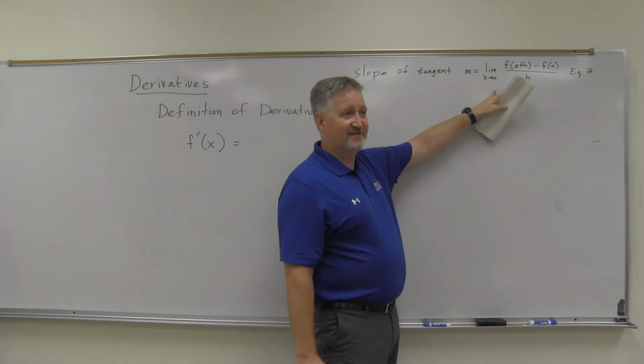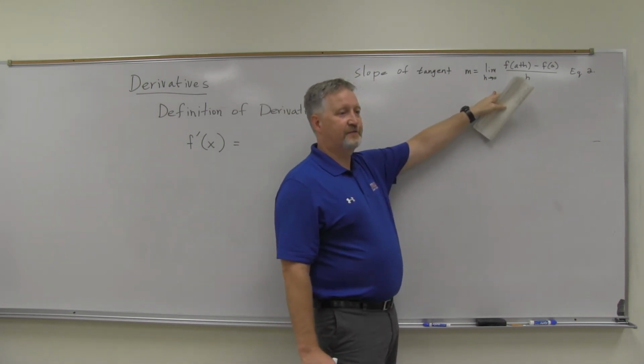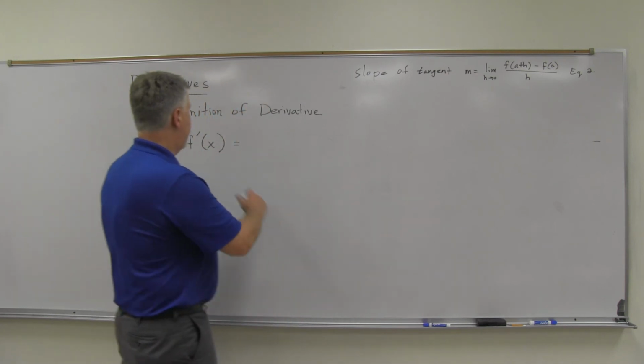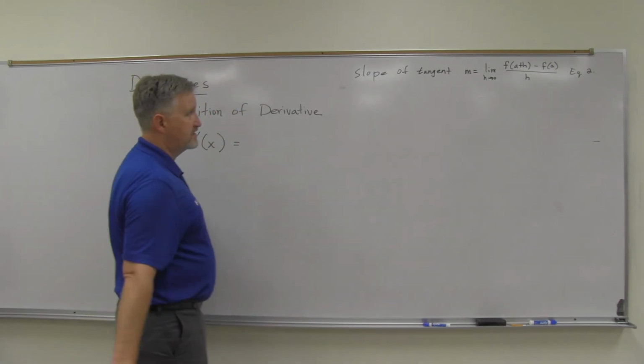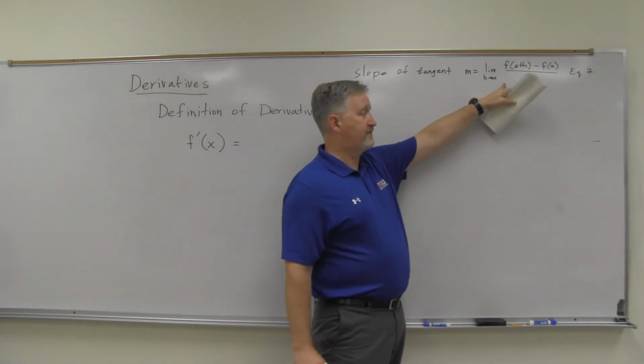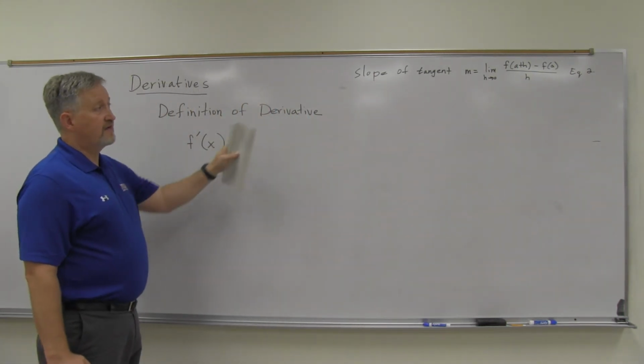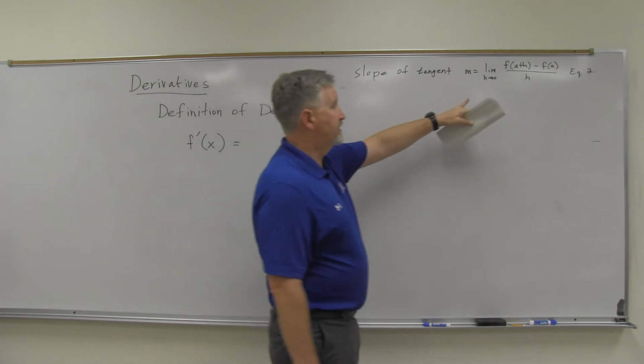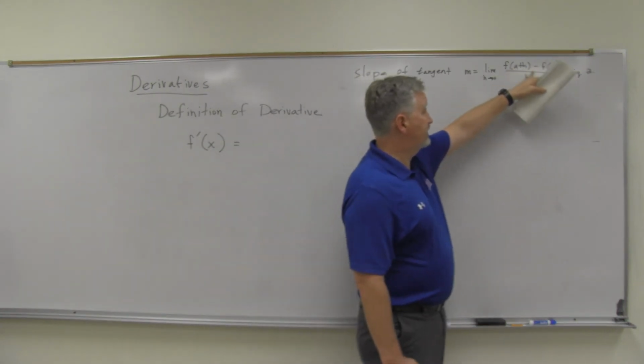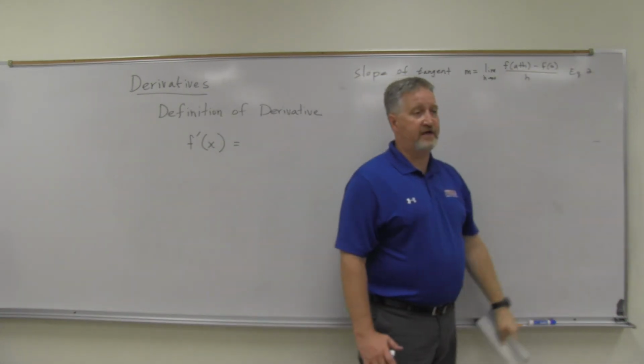Thus, this gives us a definition for derivative. Now, in this particular case, instead of using a for the x value, we're just going to call it x. And that's why we use equation 2 here, because it's really just switching x's out for the a's.